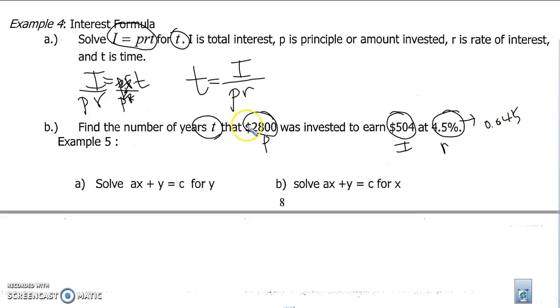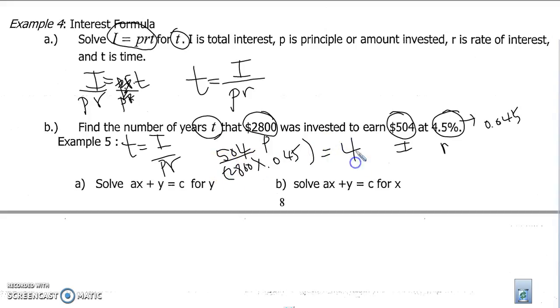So we're going to use the formula T equals I over PR. I is 504, just substitute. P is 2,800 times R is 0.045. So put parentheses around this, just divide, and the answer is 4. So it's going to be 4 years.